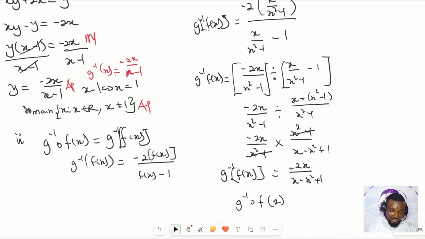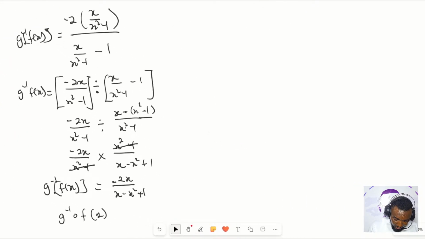Okay, so Nathaniel is also getting 4. How about Collins? What do you get for g inverse of f of 2? So indeed, it's supposed to be 4. So it means that g inverse of f of 2 will be equal to g inverse of f of x, right?